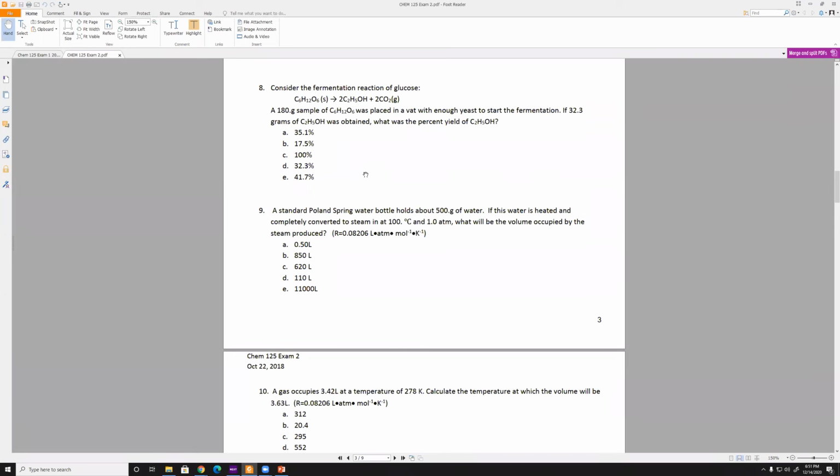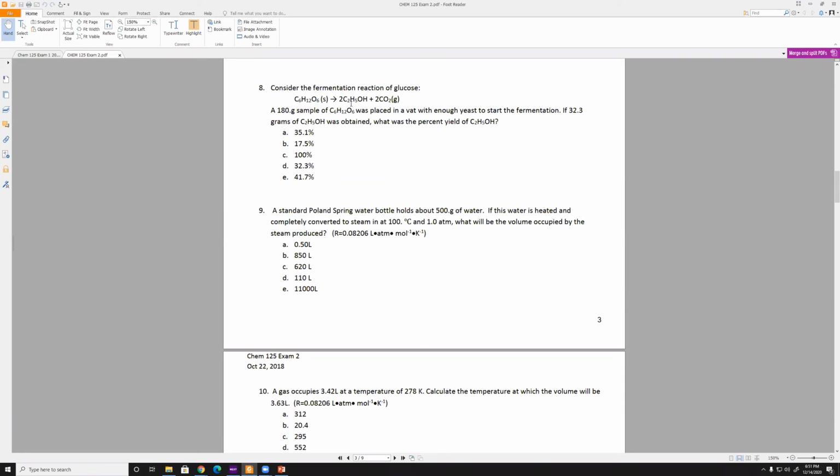So we can calculate the molar mass of C6H12O6. That would be 6 times 12 plus 6 times 16 plus 12, which is 180. So the molar mass is 180, and we have 180 grams of it, which means we have 1 mole. So if we have 1 mole, we know that's supposed to create 2 moles of C2H5OH.